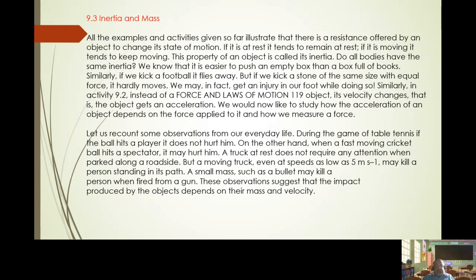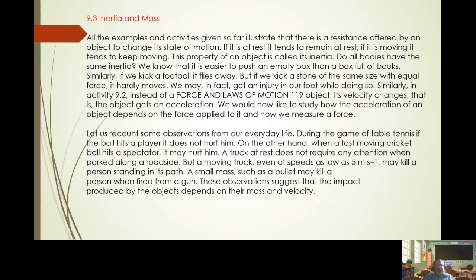The truck at rest does not require any attention when parked along a roadside, but a moving truck, even at speed as low as 5 meters per second, may kill a person standing in its path. A small mass, such as a bullet, may kill a person when fired from a gun. These observations suggest that the impact produced by the objects depends on their mass and velocity.